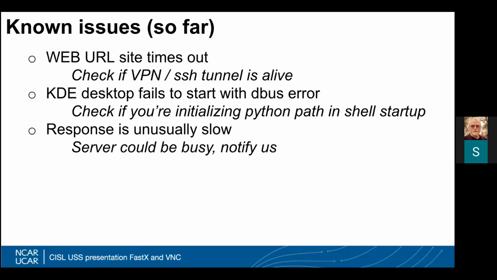So these are the known issues so far. Oftentimes, the web URL site times out. If you encounter this problem, check whether your VPN is functional or not. If you are experienced with the earlier incarnation of Cisco VPN, the existing Global Protect VPN is much more robust.